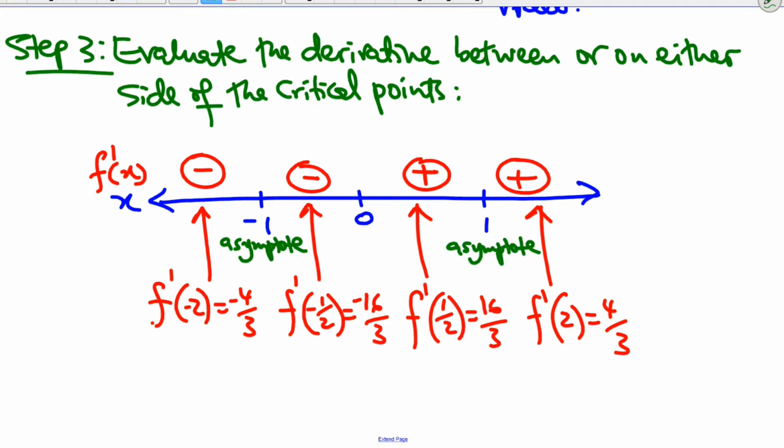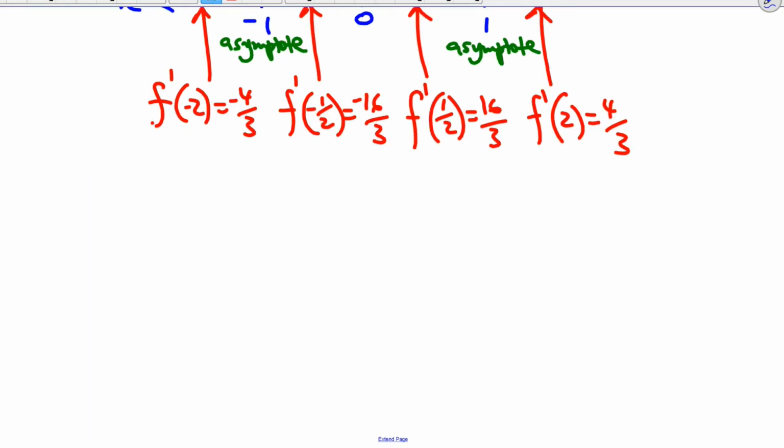So the only point that we'll be looking at here is 0. Of course, if we look at 0 here, we can see that at 0, we are basically going downhill and uphill, which means that's a minimum point. So we can go ahead to step 4 and test the critical points. Of course, you know this is a minimum point, so we can just go ahead and state it.